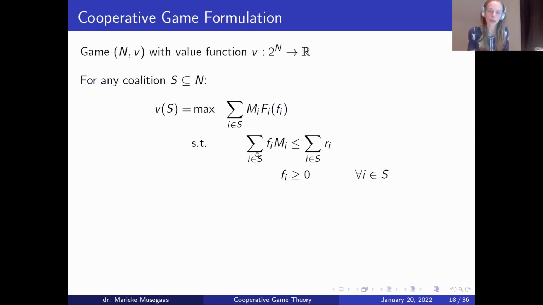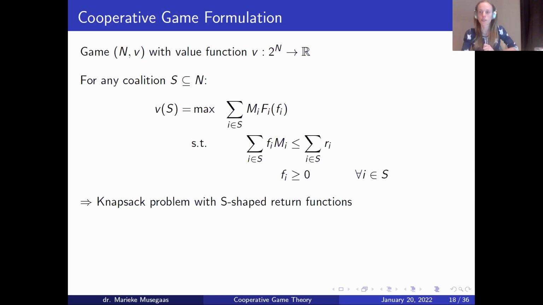So on the left-hand side is the number of resources that we're going to use, and on the right-hand side, the number of resources that we initially have. And of course, the number of resources that we use cannot be more than the number that we have. So we have smaller or equal over here.